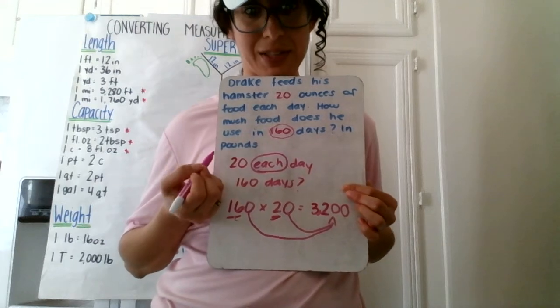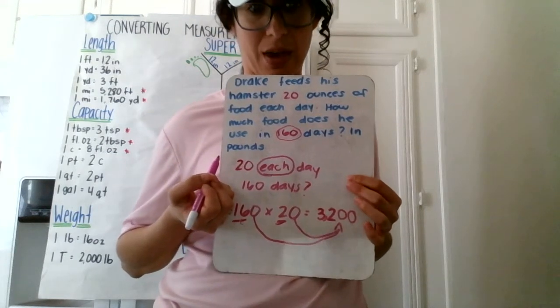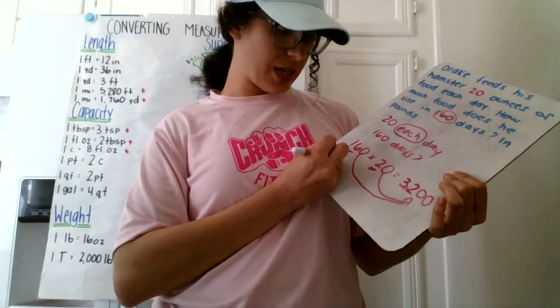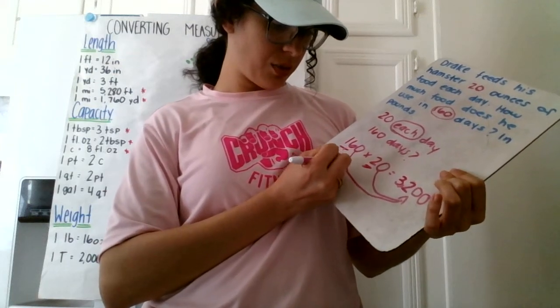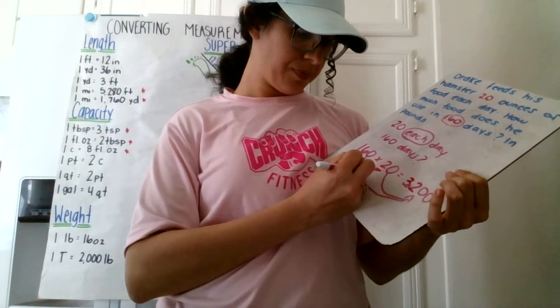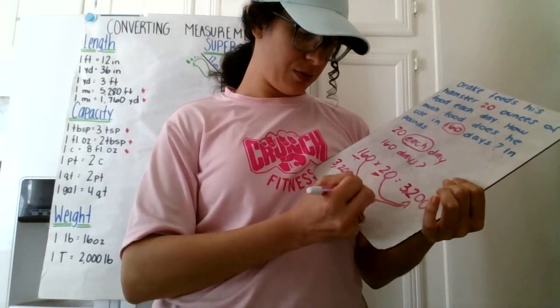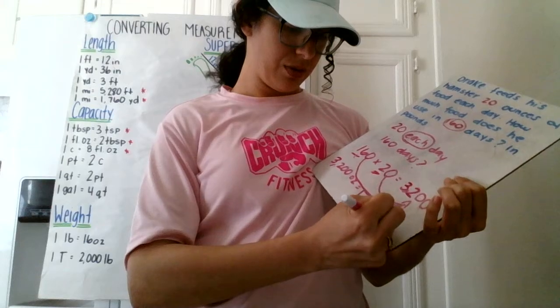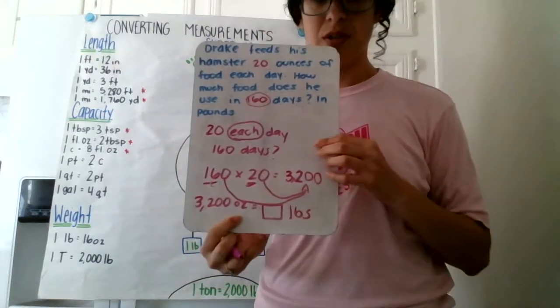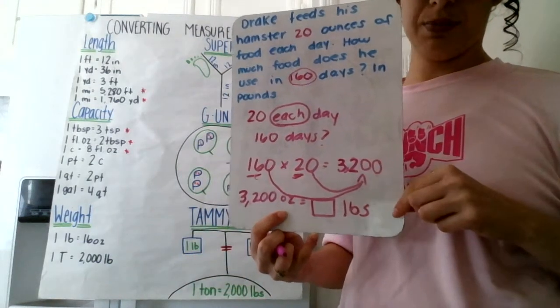But it wants my answer in pounds. Remember that. So that means that I have to take 3,200 ounces and I have to change them to pounds. So I'm going from small to big.